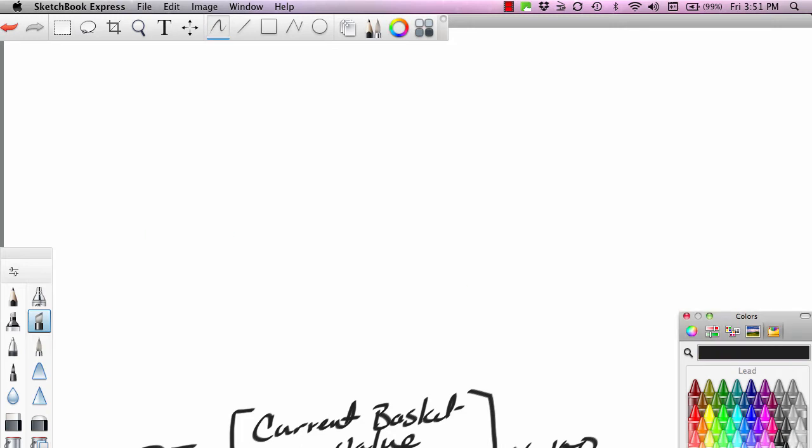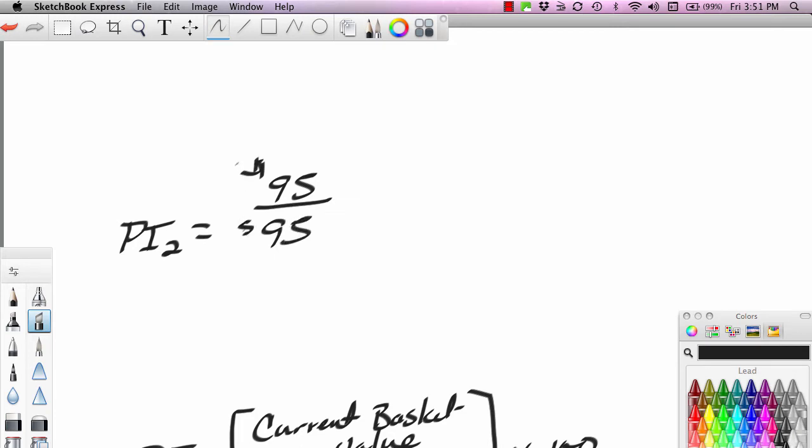All right, now, how do we get price index for year 2? We get the price index of year 2 by what? By dividing the current value of the basket, which is what? 95, by the base year value of the basket, 95. You go, that's nothing very interesting. It isn't, but it's going to show an interesting result.